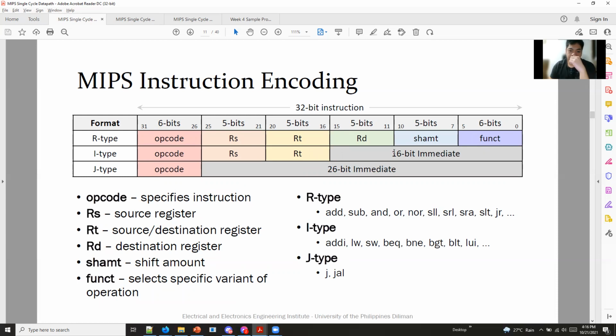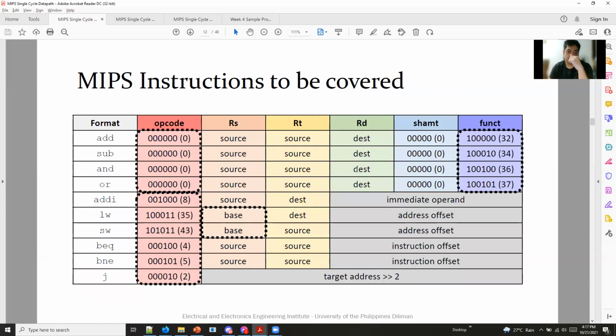And then meron lang tayong isang source na register and isang destination na register. And then yung J-type naman, 26-bit immediate yung nakalagay sa kanya. And usually it's used for jump type operations, and yung 26-bit immediate na to is yung amount na i-jump ng ating instructions.